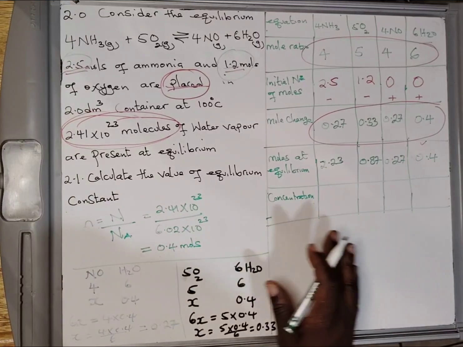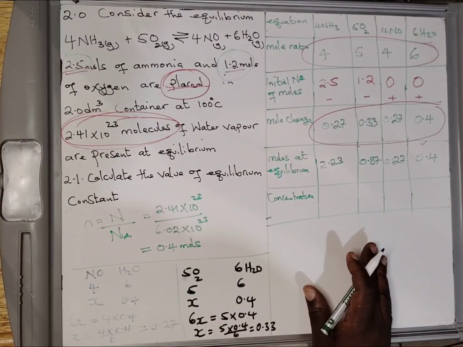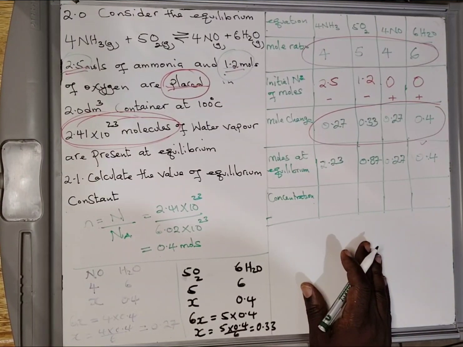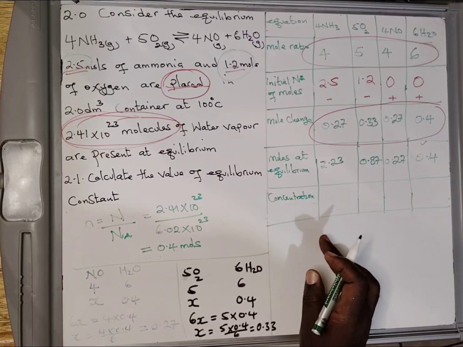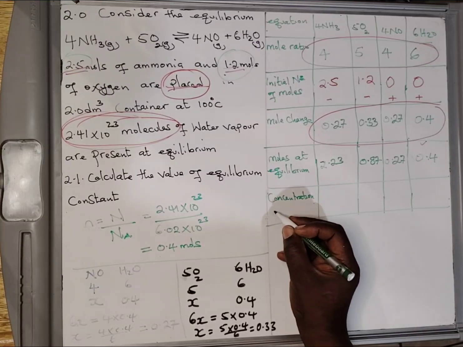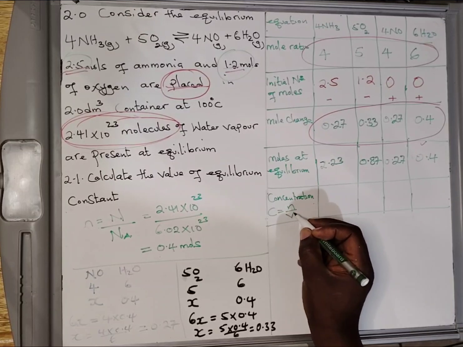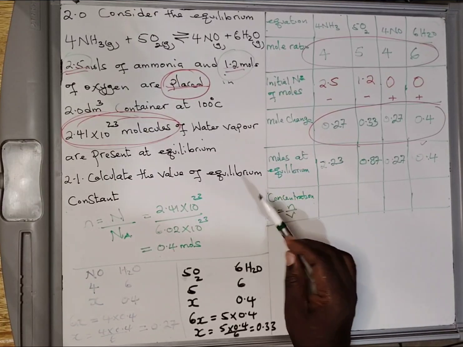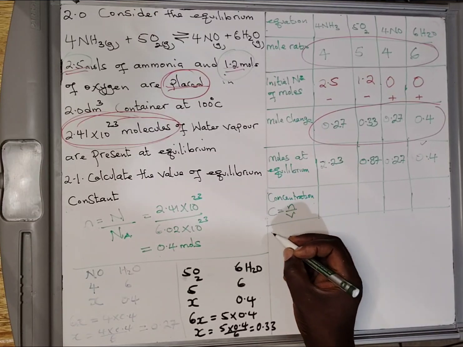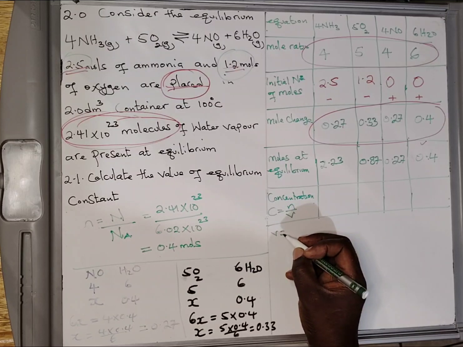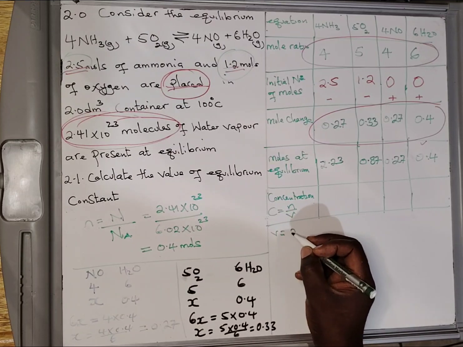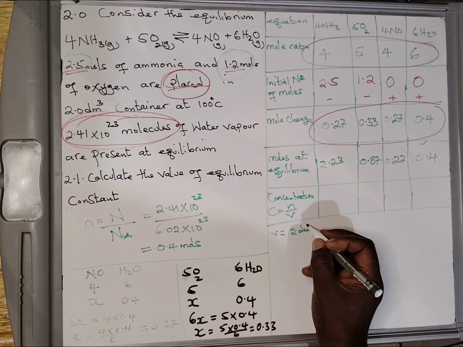So after getting this number of moles at equilibrium, we can go ahead and calculate the concentration. You have to remember the concentration is equal to number of moles over volume. So you're going to divide, and the volume is known. Volume is 2 cubic decimeter.